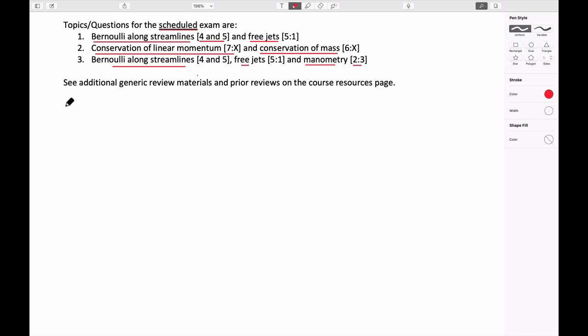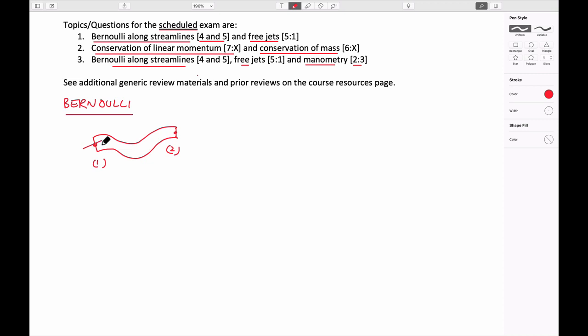Okay, so first, Bernoulli. We know that Bernoulli equations are written along a streamline. They're defined in terms of an upstream and a downstream location.